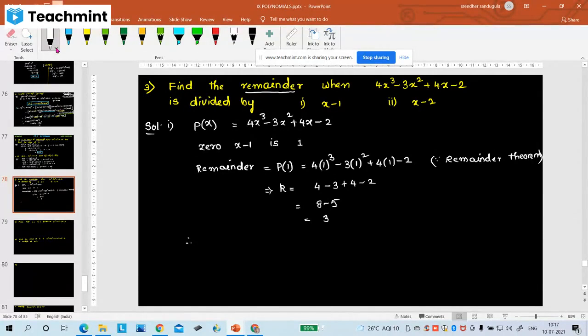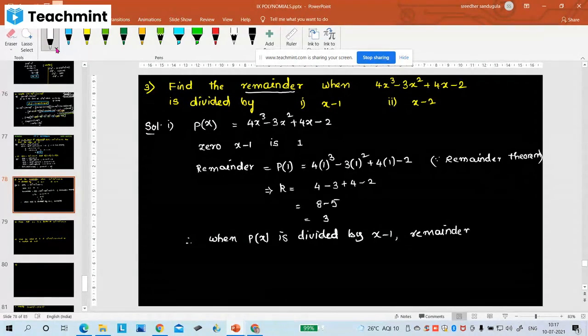Therefore, when P of x is divided by x minus 1, the remainder equals, what is the remainder, children? Remainder equals 3.